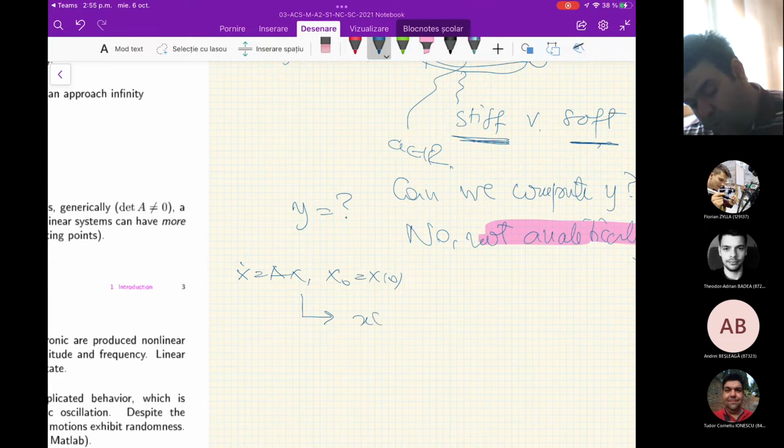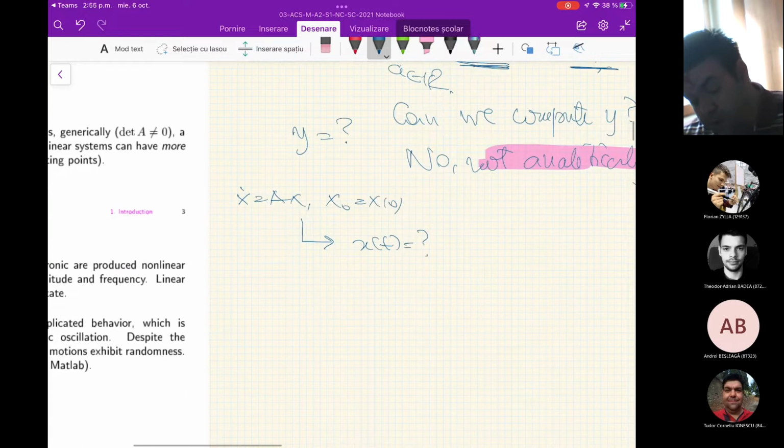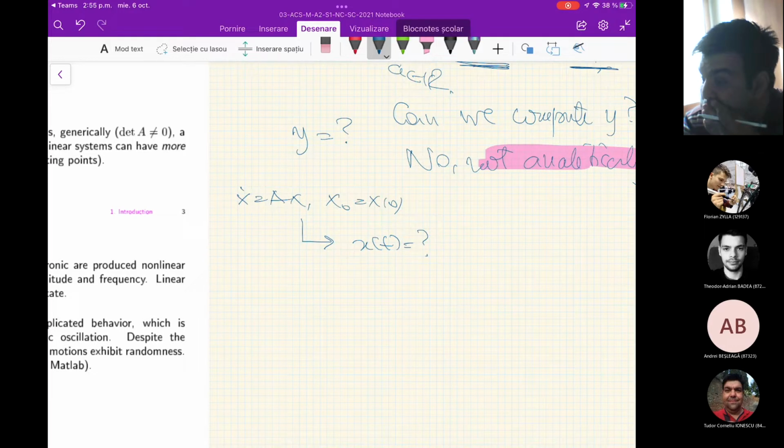So if you have this system, what is x of t? Do you know how to solve this equation? This is a simple linear first order equation. How do we solve it?